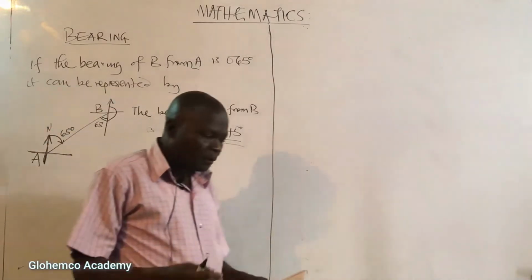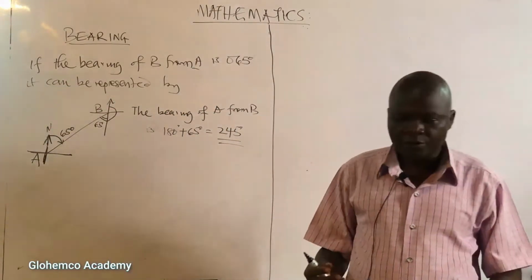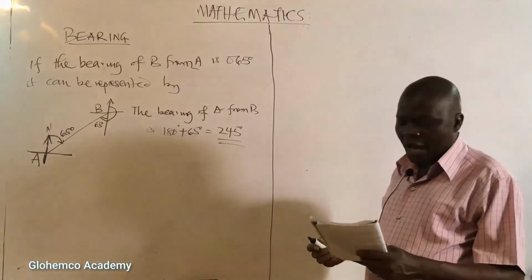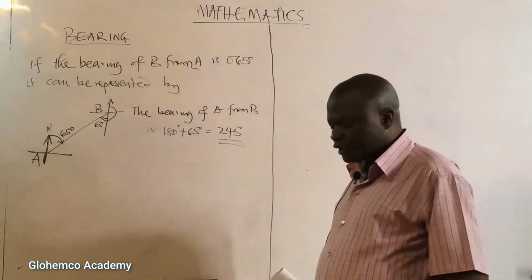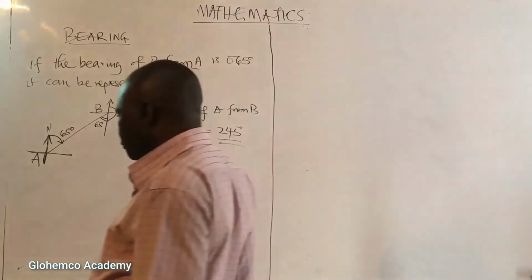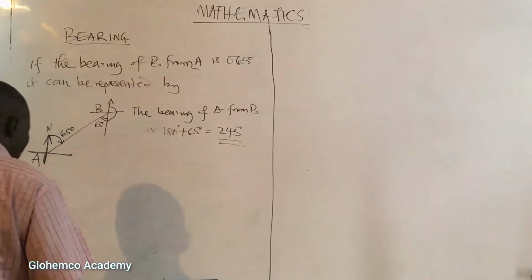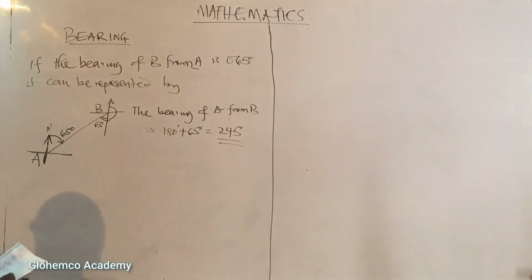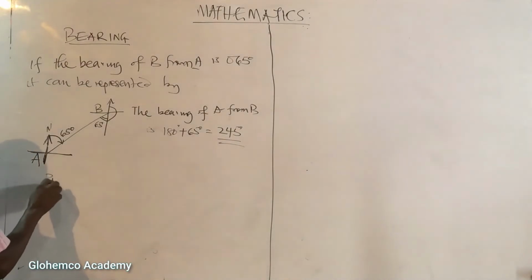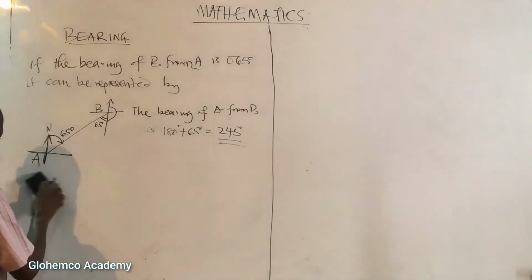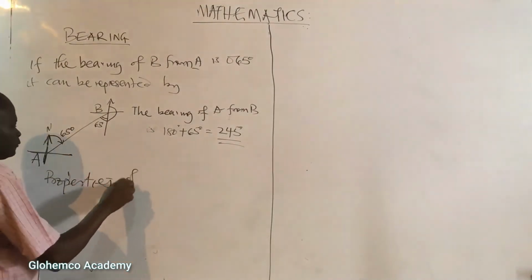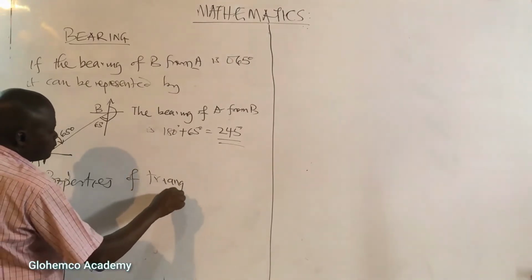Again, the properties of special angles. When we talk of special angles, the properties of special angles are useful in solving problems in bearing. The properties of special triangles are useful in the solving of bearing. What am I saying here? These properties are such as Pythagoras, properties of triangles.